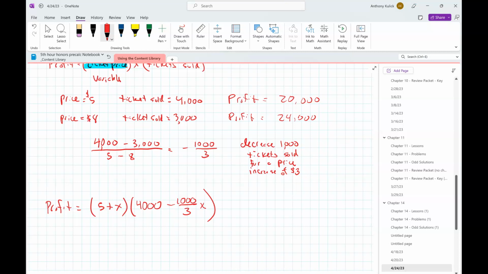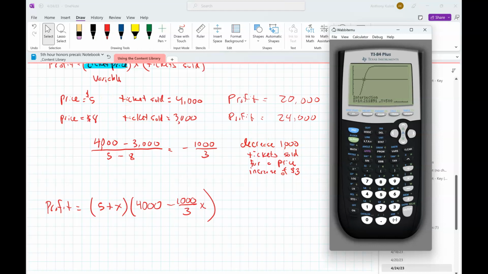So if x is equal to 0, I should get 5 times 4,000, right? Everybody agree with that? If x is equal to 3, I get 8 times 3,000, which is my other data point. So I feel good about what I've written here, because this now fits the two data points that I've been given.